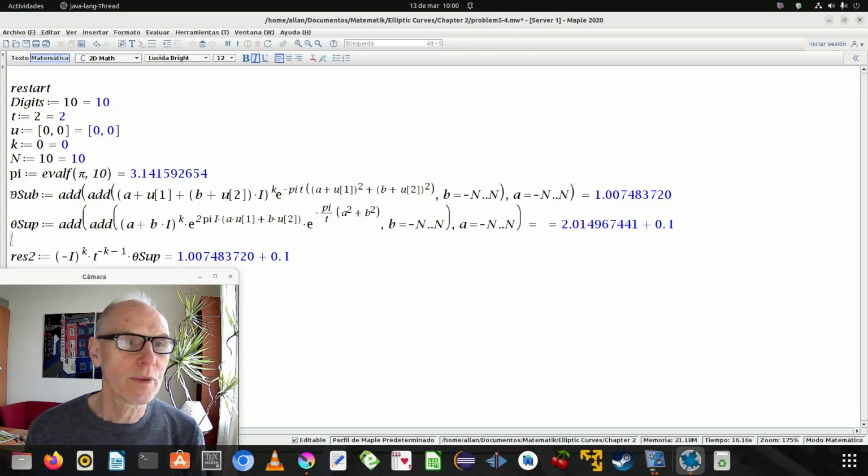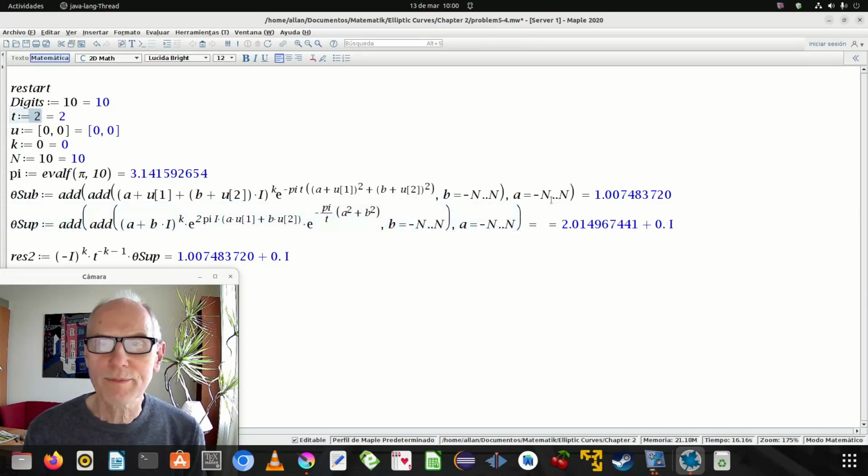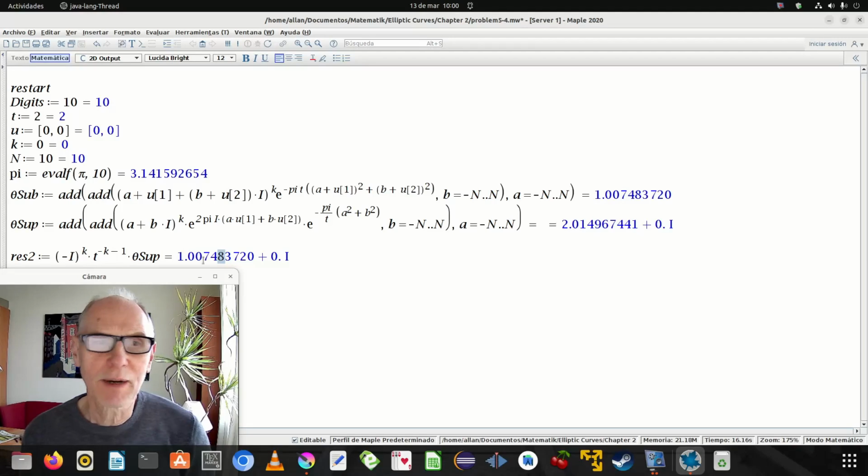So this is the one with u as a subscript, and here with u as a superscript. And with t equals 2, the formula fits. That's just divided by t to the first, so no problem there.